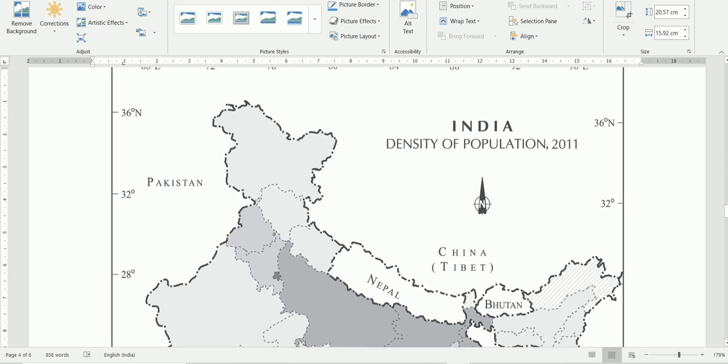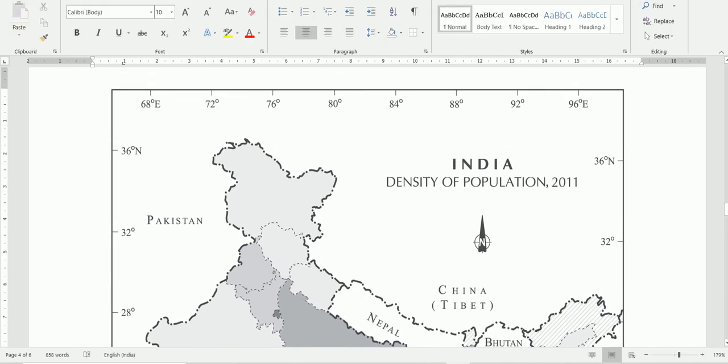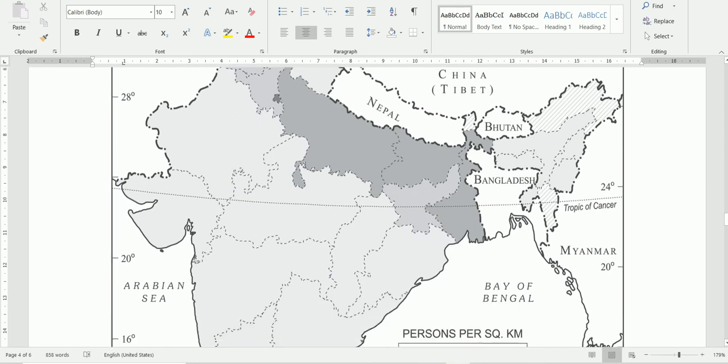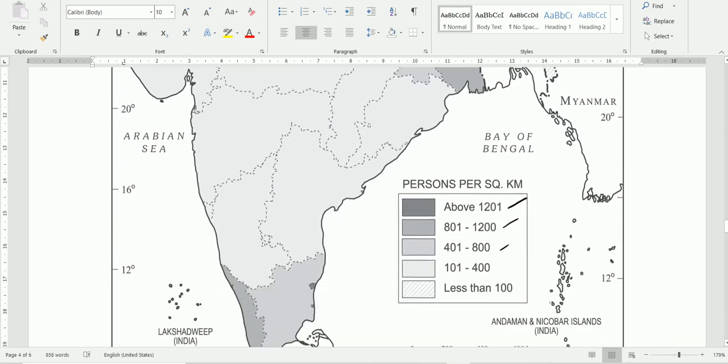So after seeing the table, we have made the categories as follows. Less than 100, then 101 to 400, 401 to 800, then 801 to 1200, and above 1200.